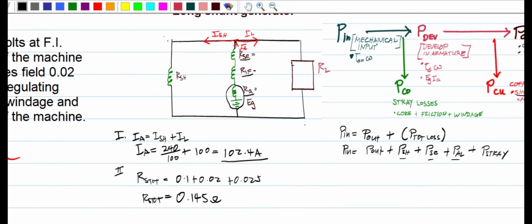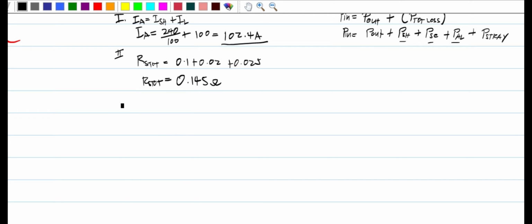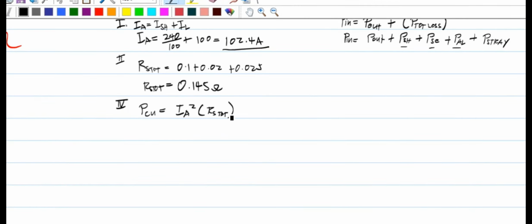Therefore, the copper loss PCU is 102.4 amps squared times the RS total.